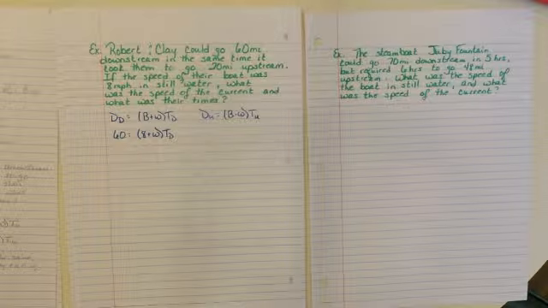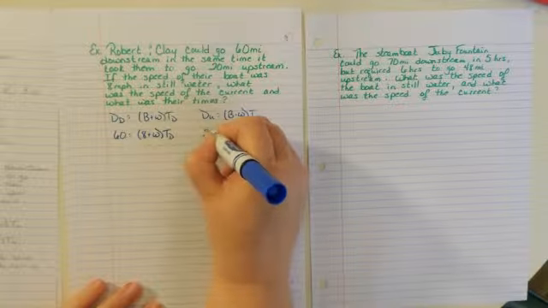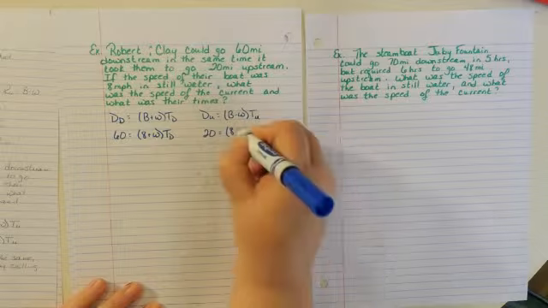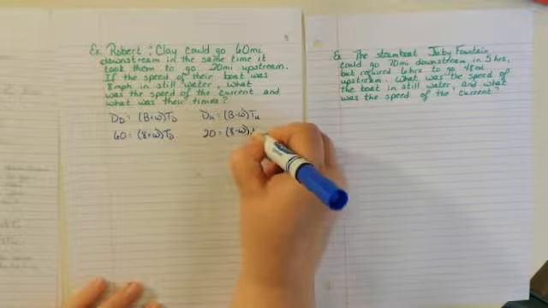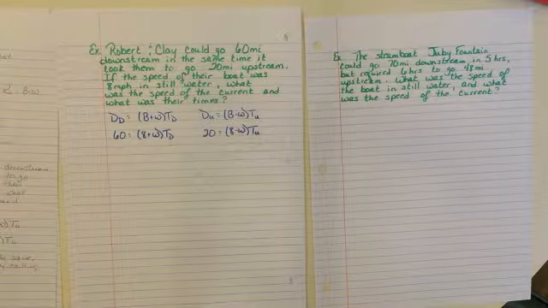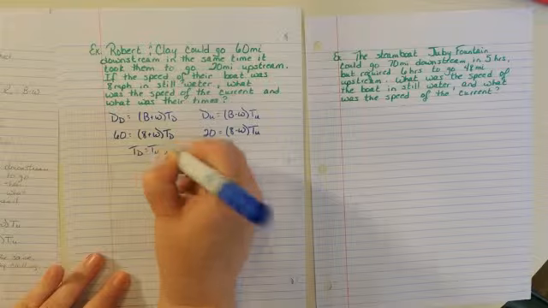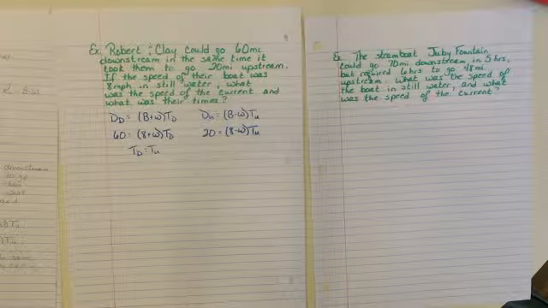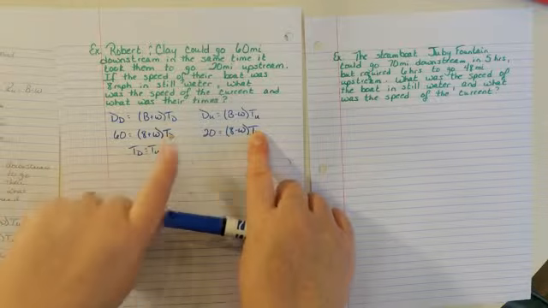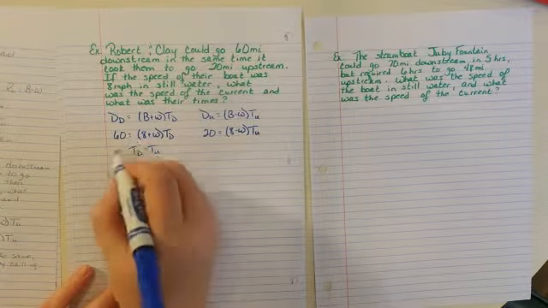The distance upstream is 20 miles, equals the rate of the boat, 8, minus water, we still don't know, times the time. The time downstream in this problem equals the time upstream, so we're talking about the same time. So in both of these, we can just use t and drop the subscripts because the times equal each other.